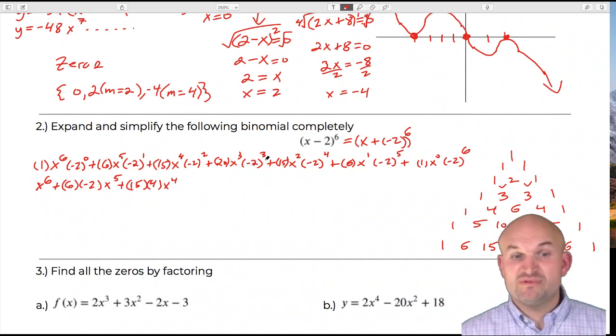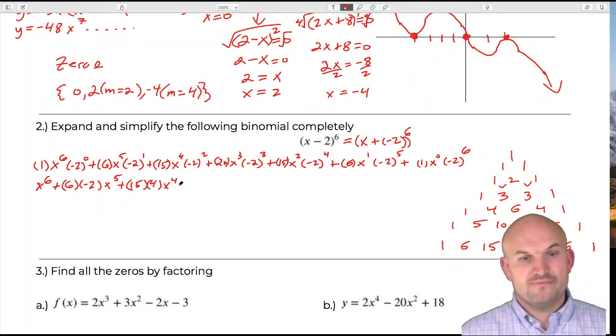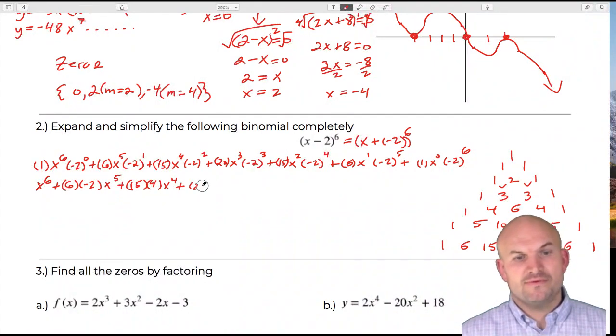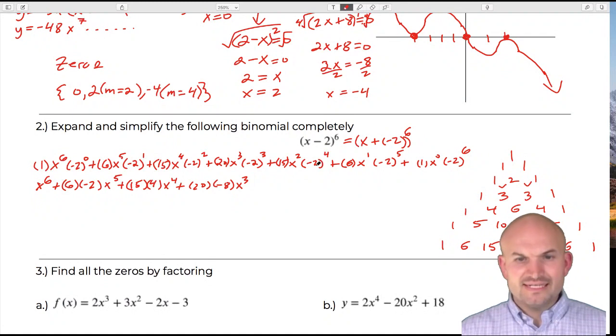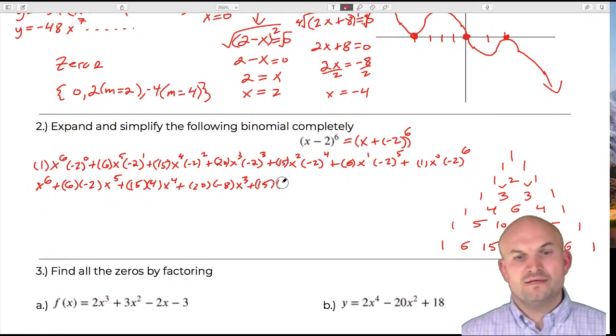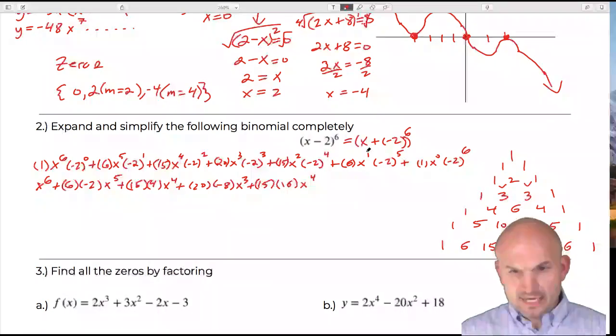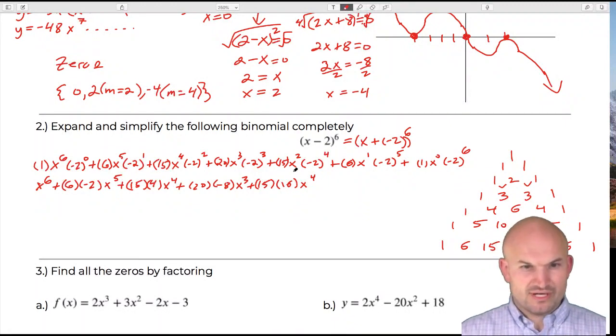Here, -2 cubed is going to be a -8 times 20, so it would be a 20 times a -8. And that'd be an x cubed. -2 to the 4th power is going to be positive 16. So that's going to be positive 15 times 16 x to the 4th. Not x to the 4th. I'm sorry. That's supposed to be an x cubed.